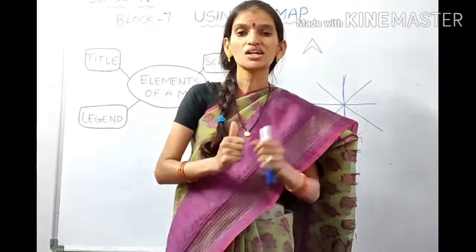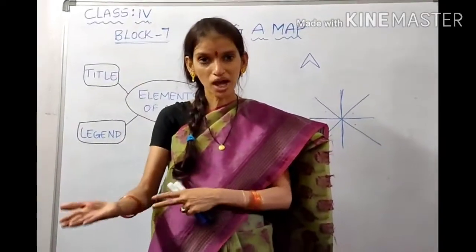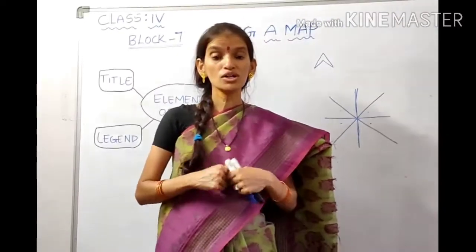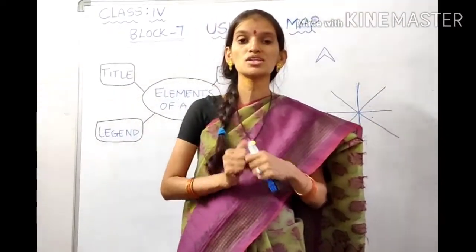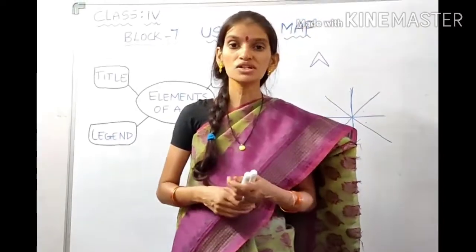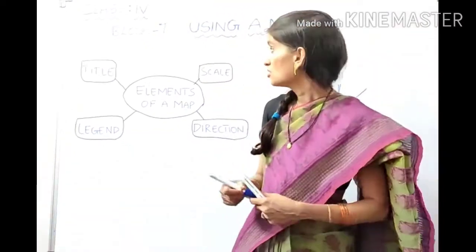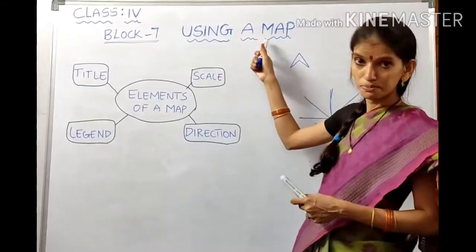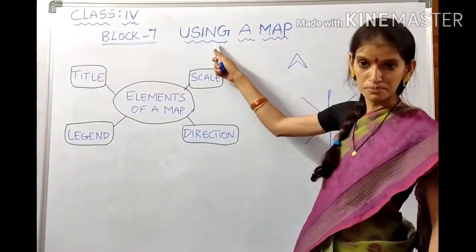These directions are nothing but elements of a map. So today we are going to learn more about these maps, how to use a map. So what is our topic today, children? Block 7, using a map.